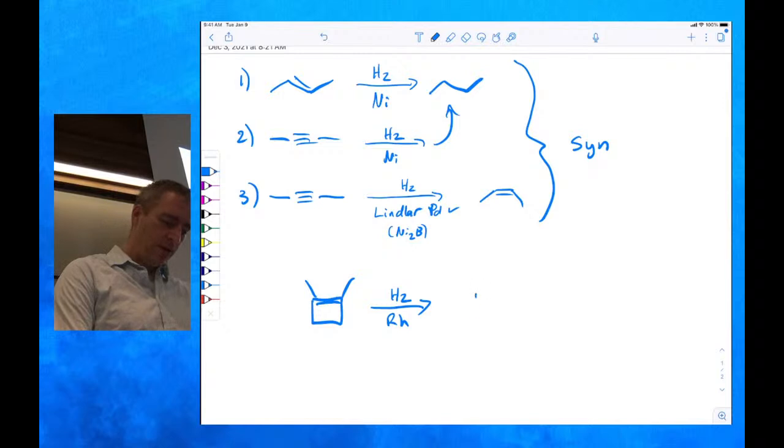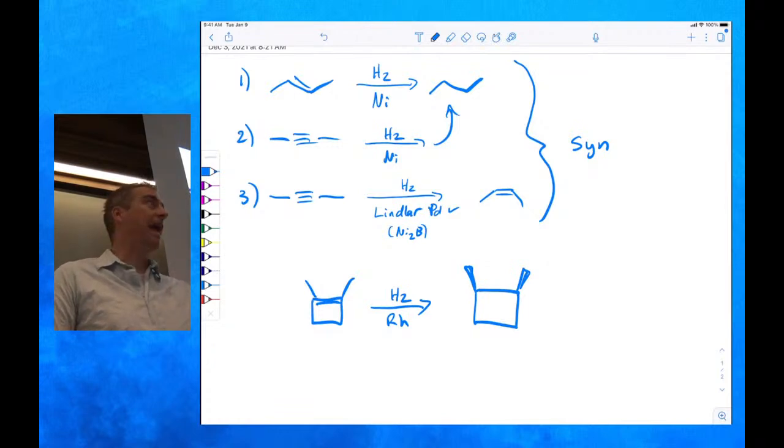What that will produce is an alkane that looks like that, meaning those 2 methyls are going to be cis to each other because the 2 hydrogens that went on are also cis to each other because it's syn addition. And we looked at why that was with the mechanism, with the metal surface, and so on. But that's not a mechanism you need to draw.